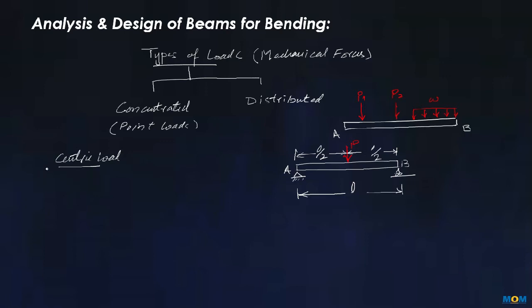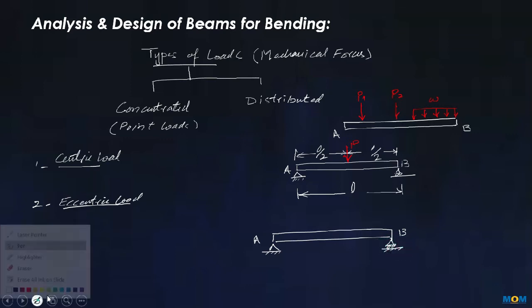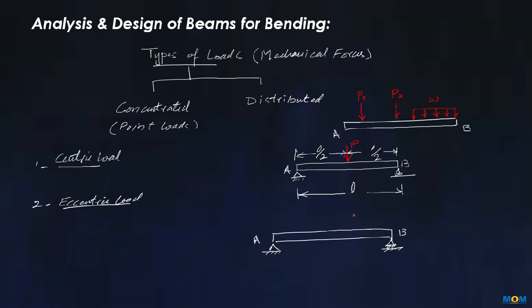or we may have the eccentric load. Again, let's say we have the beam AB supported with pin and roller support, and the application of load in the form of concentrated load.